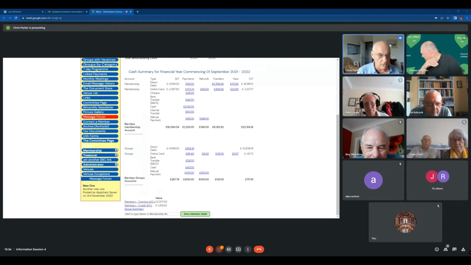And then I think this is where I wanted to start, was to look at this section at the bottom here. The idea here is that it will show you where members are not in their correct financial position. So they've either got money owing, or you owe them money, or the system thinks you owe them money.